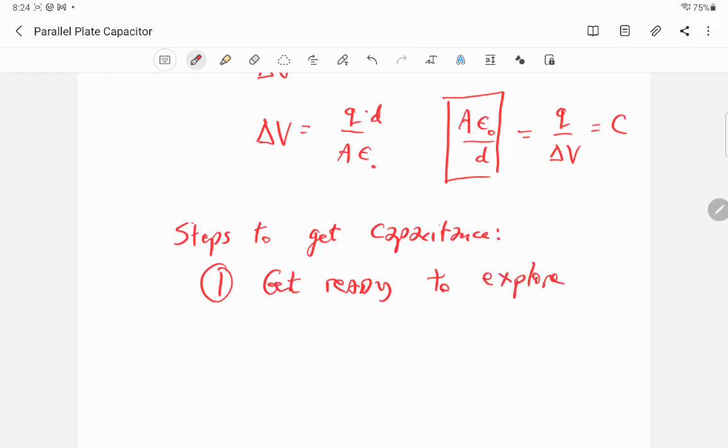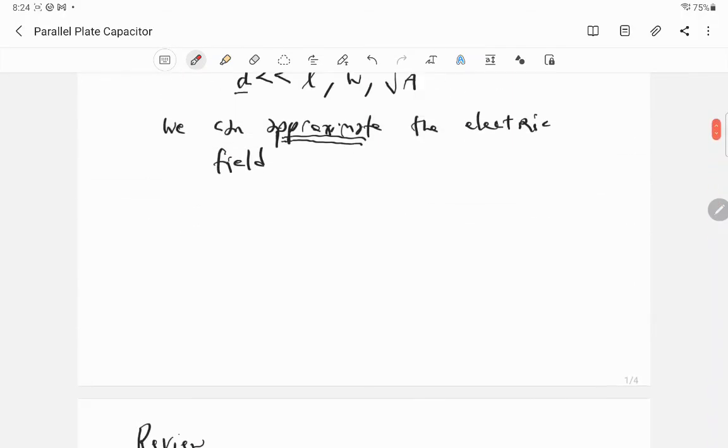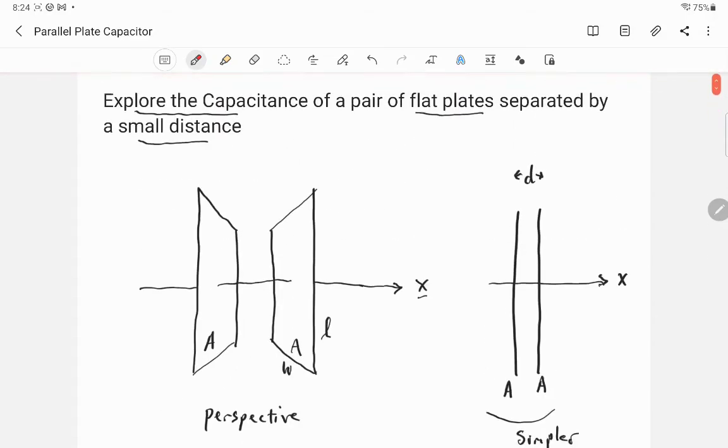So I've presented this lecture as an effort at exploring the capacitance. And the way you explore capacitance is you imagine taking some charge Q away from one of the objects and putting it on the other conductor, right? You have to actively do this.